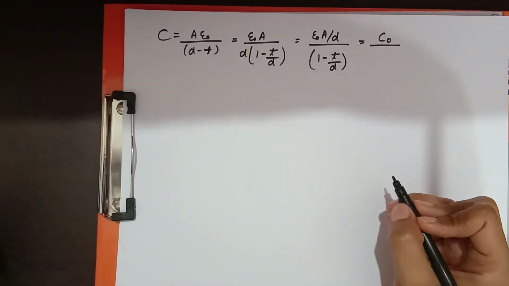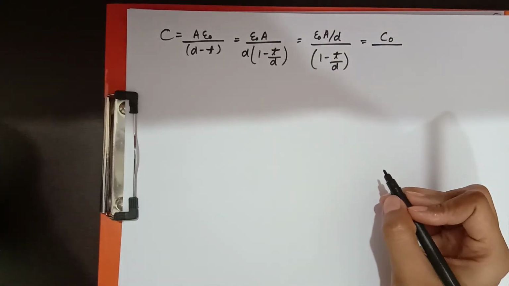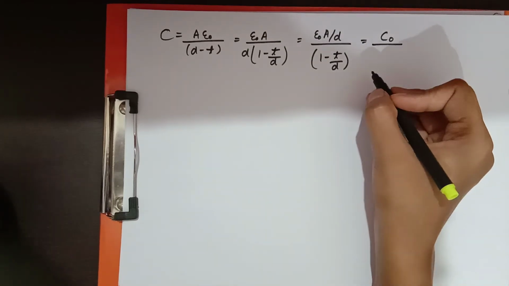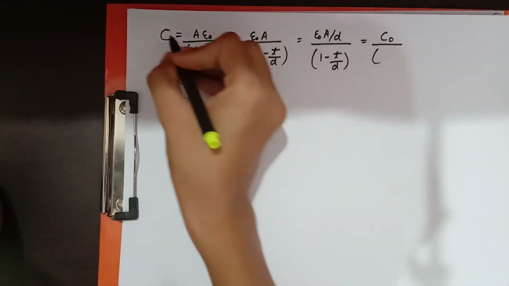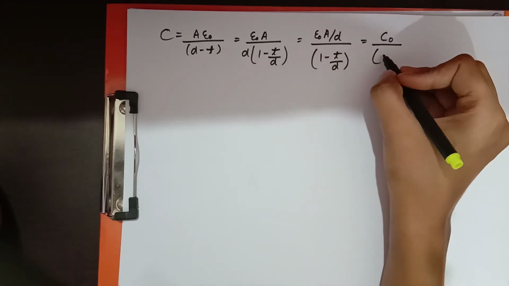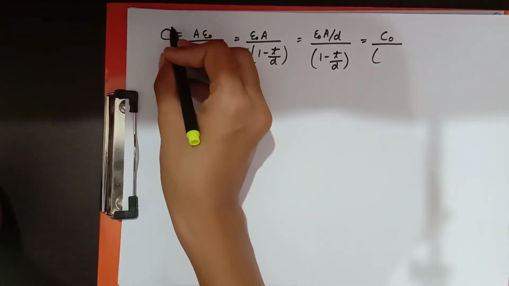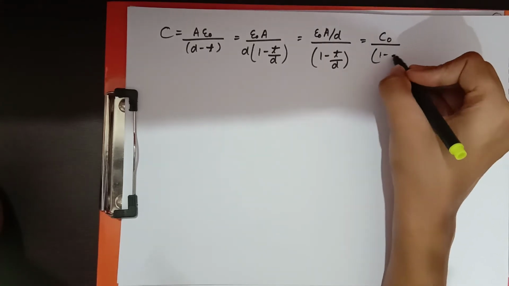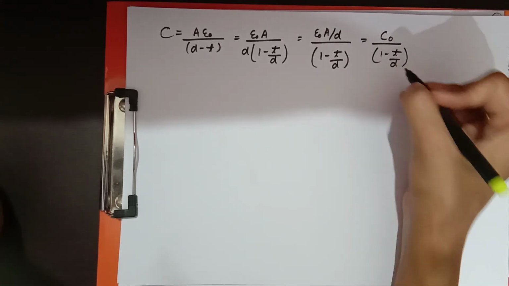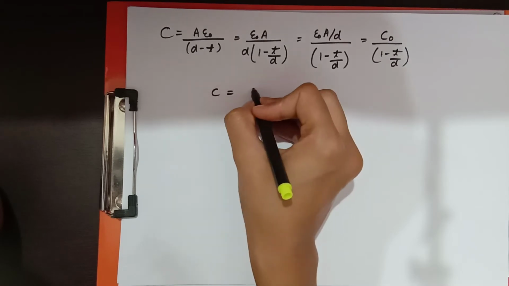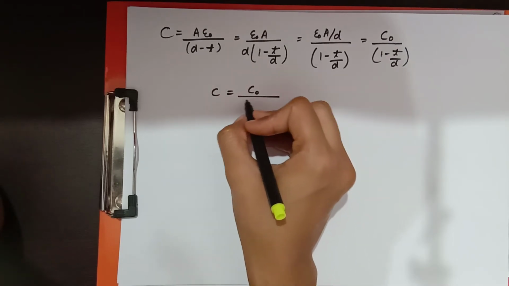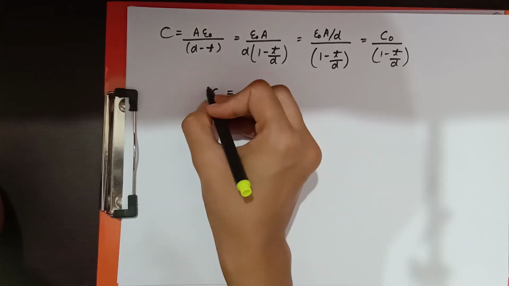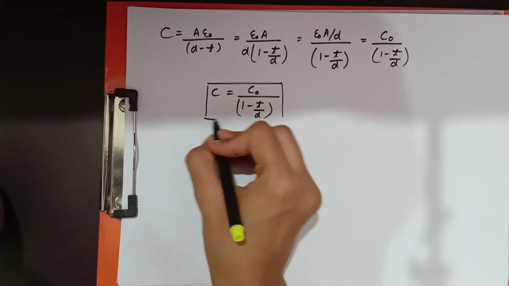What is C naught? C naught is the capacitance when there is nothing between the plates of a parallel plate capacitor, and when there is a conducting slab, it transforms into C is equal to C naught divided by 1 minus t by d. So the final formula is C naught divided by 1 minus t by d.